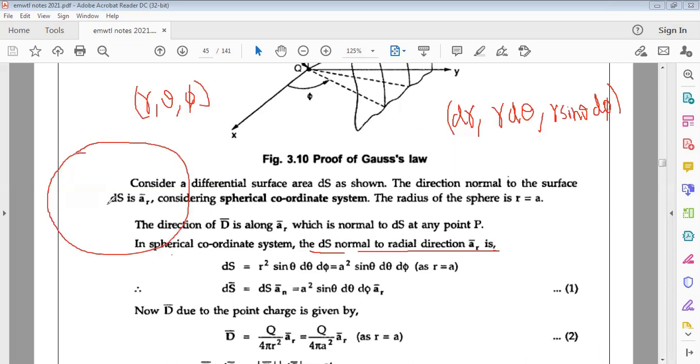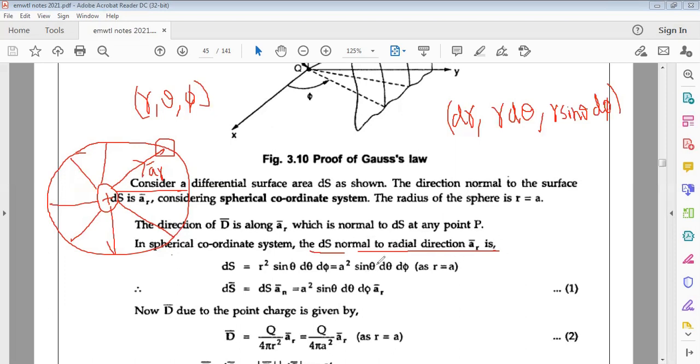Why am I saying it is normal to the radial direction of a R bar? Consider a closed surface with a charge inside, and lines of force terminating radially from the positive charge, and they pass through a differential surface area on the closed surface. It is along the a R bar direction.